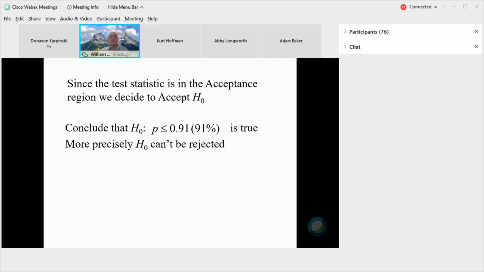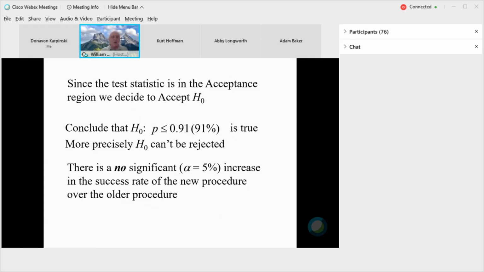So we can't conclude that H naught is true. More precisely, we can't reject it. There's no significant increase in the success rate over the new procedure. The new procedure could be more successful. It had a slightly higher success rate, but that could have occurred by chance.